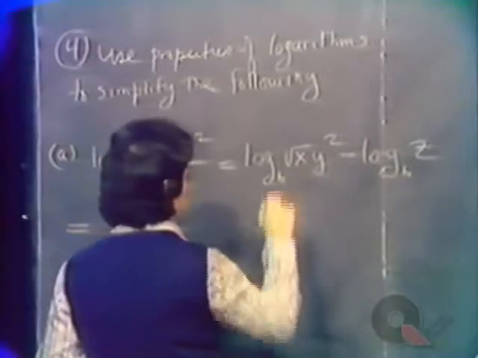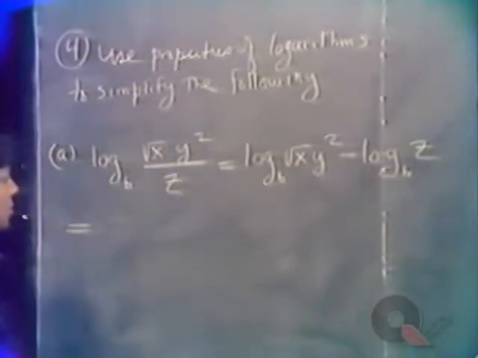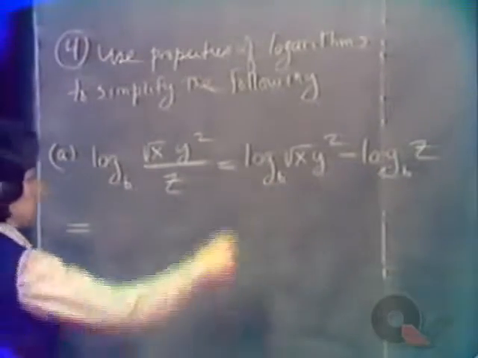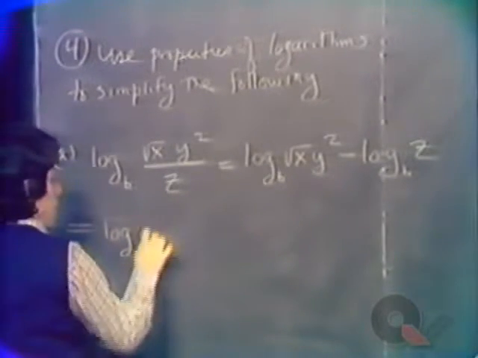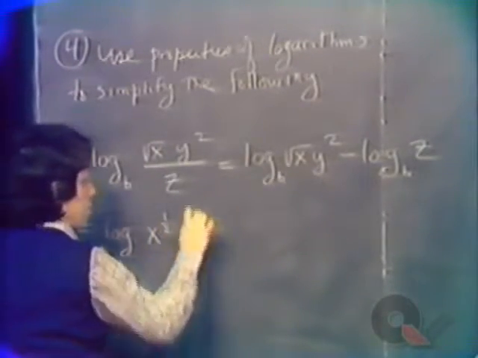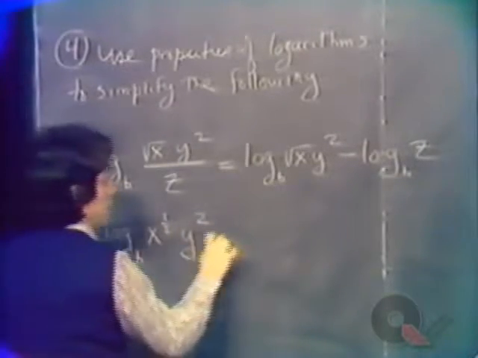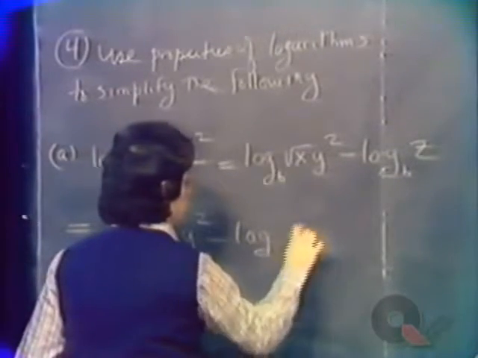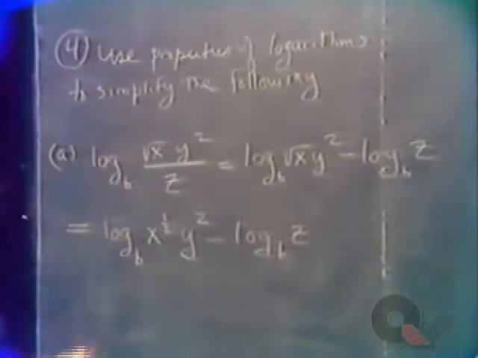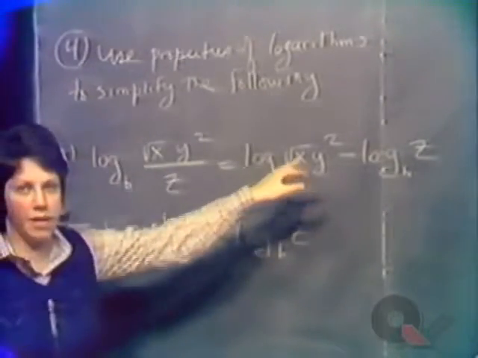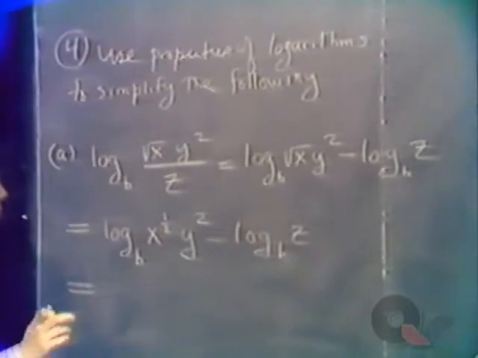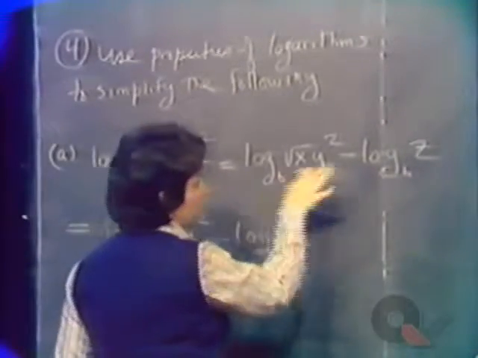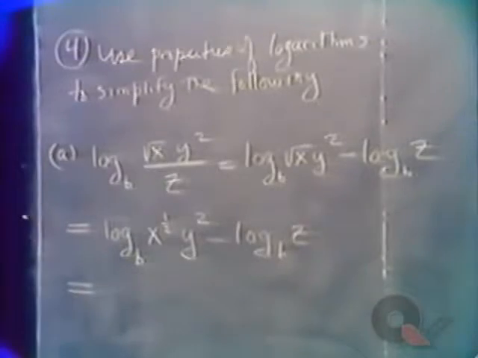Now we can say, well, the square root of x is really x to the 1/2 power. This is the log of x to the 1/2 times y squared to the base b minus the log of z to the base b. This was not a property of logs. I'm just rewriting the square root of x as x to the 1/2 power. The only property I used so far was that the log of a fraction is the log of the numerator minus the log of the denominator.